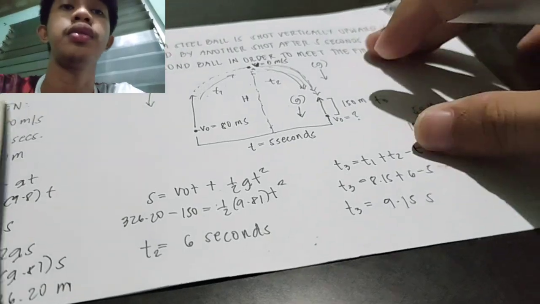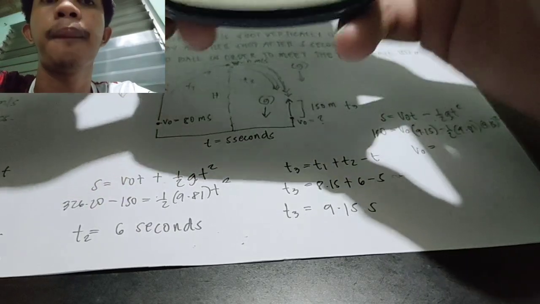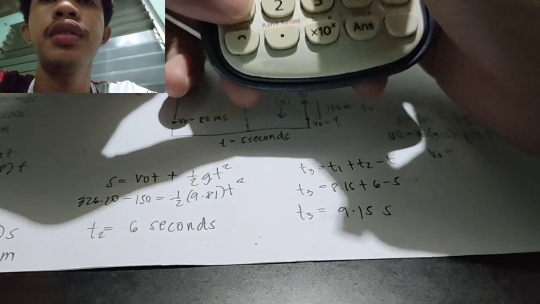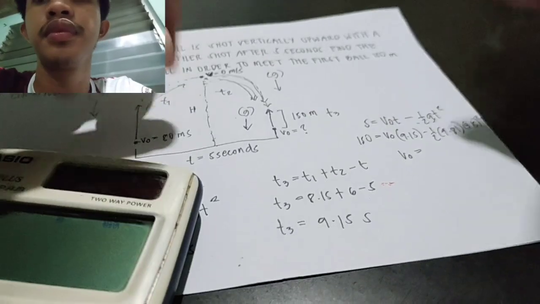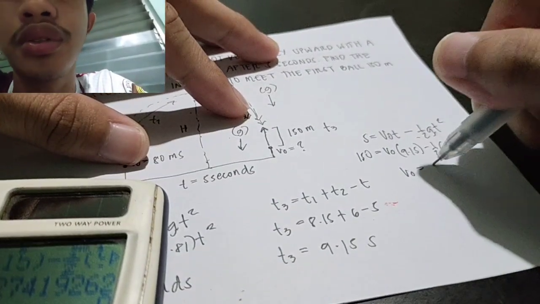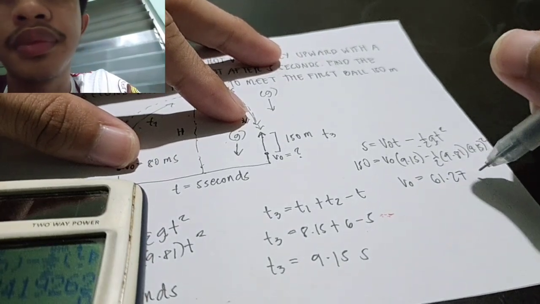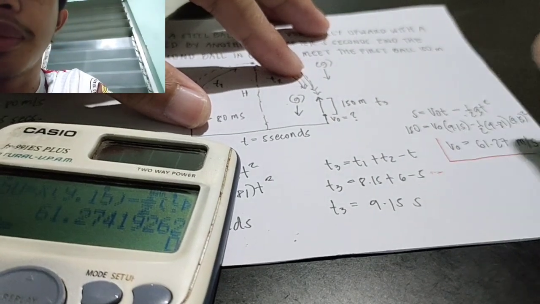VO is equal to 61.27 meters per second. So that's the answer to this problem.